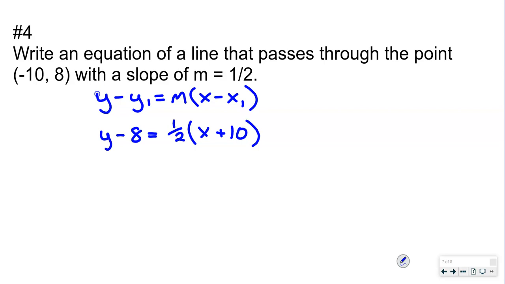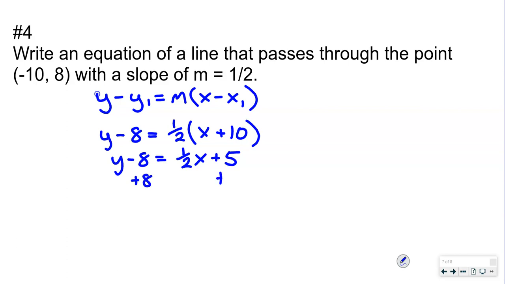So now we need to distribute. So we'll bring down y minus 8, multiply 1/2 times x, and then multiply 1/2 times 10. And it is just half of 10, which is 5. So then add 8 to both sides.